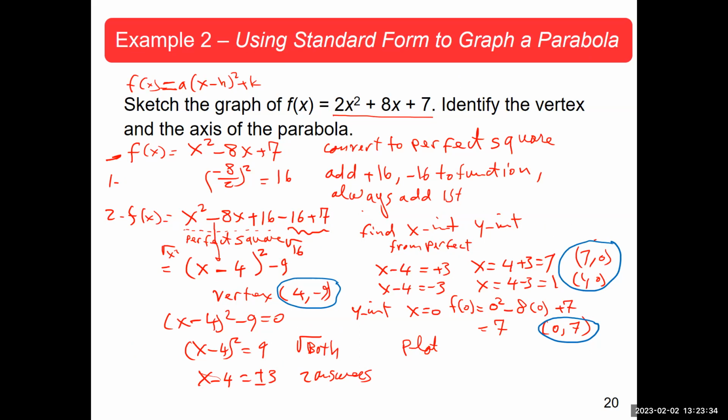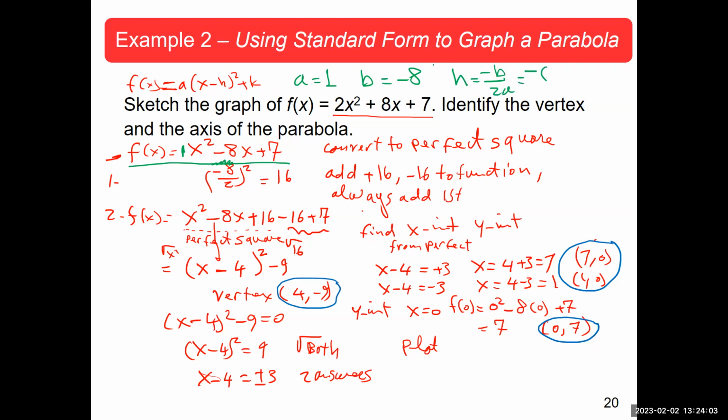Okay, the first example, we were solving this one here. How much is a? a is equal to 1. b is equal to negative 8, here it is. So let's write the value of h, negative b over 2a.